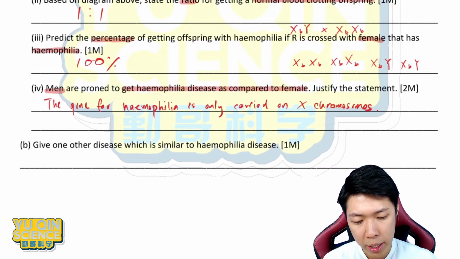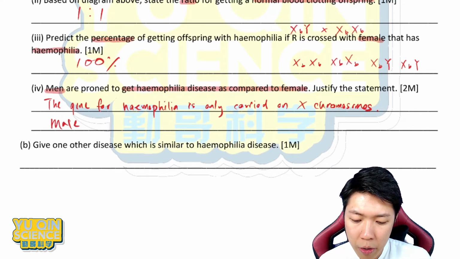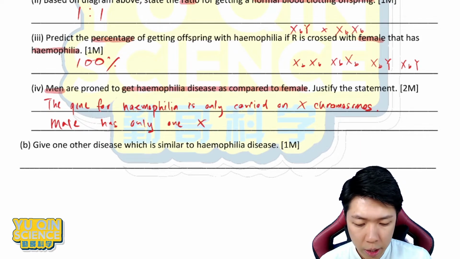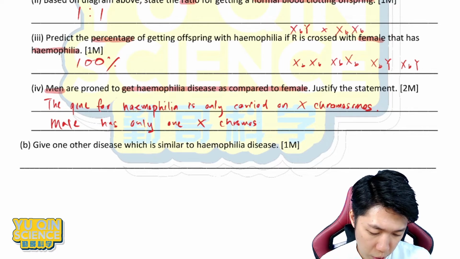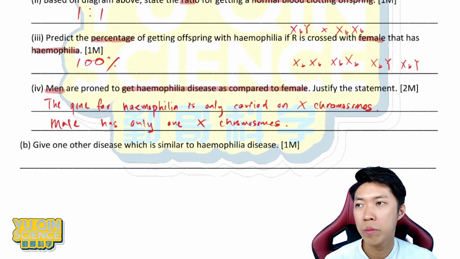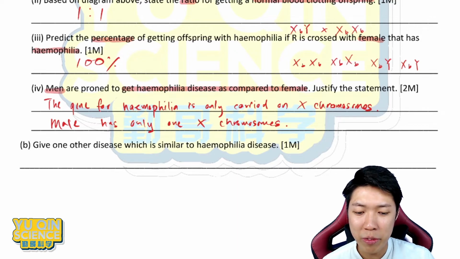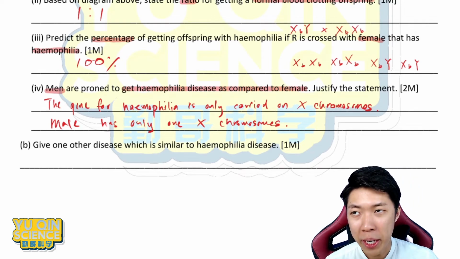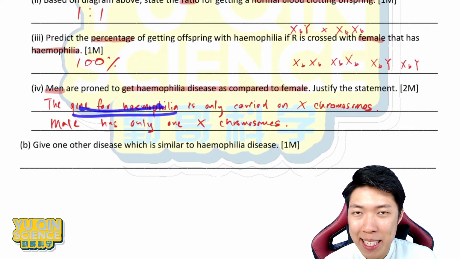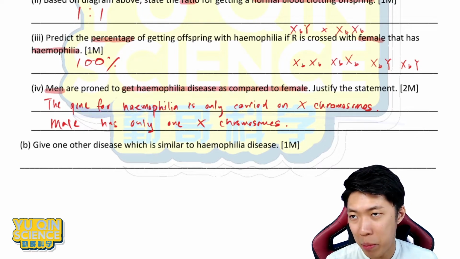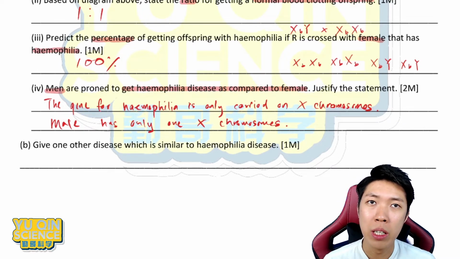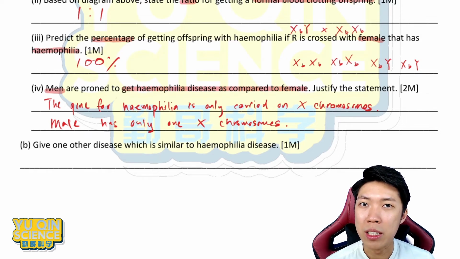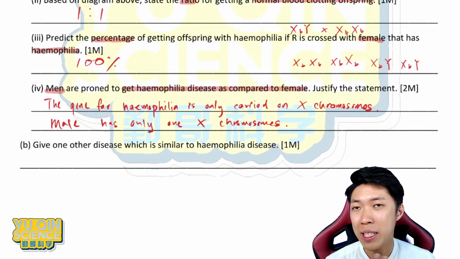Then the next thing is male has only one X chromosome, so either affected or not. That proves that 50%. For 2 marks, two sentences here that we have to explain. So the gene for colorblindness or hemophilia only sticks to X, Y does not stick. So male has only one X, so it is either sticking or not sticking, getting it or not getting it. This is obviously a 50% matter.